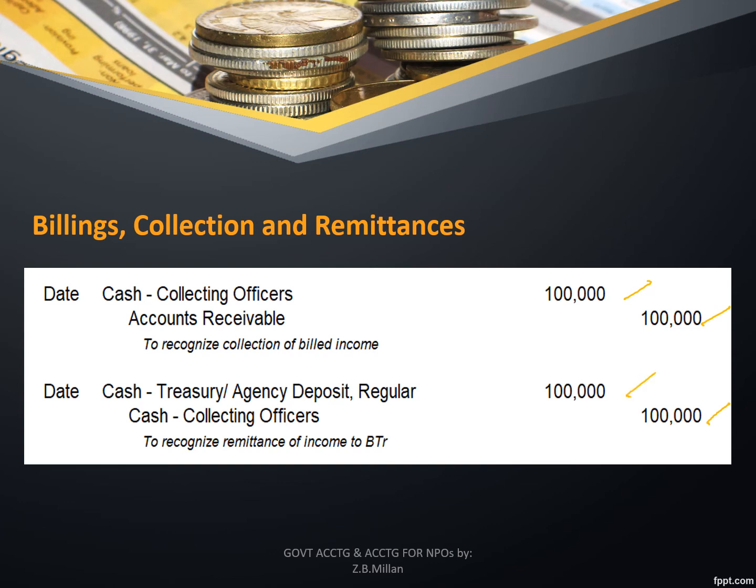So PD number 1445 or Presidential Decree number 1445 requires that all collections must be remitted to the National Treasury unless another law specifically allows otherwise. So the billing of revenue is recorded in the General Journal while the collection and remittance are recorded in the Cash Receipts Journal.